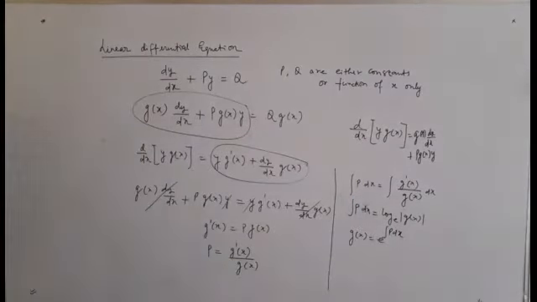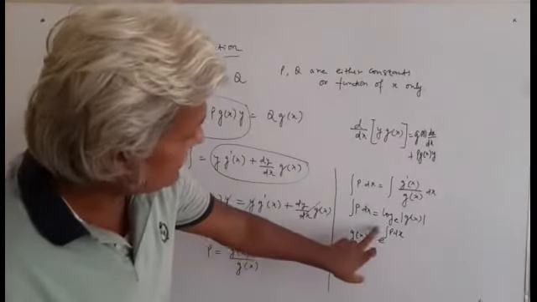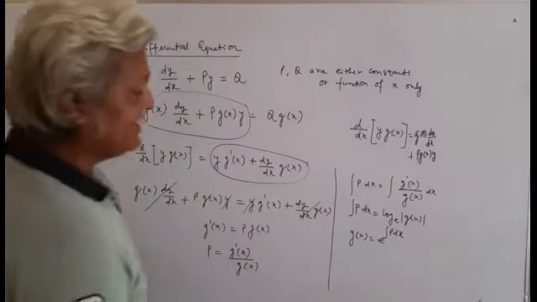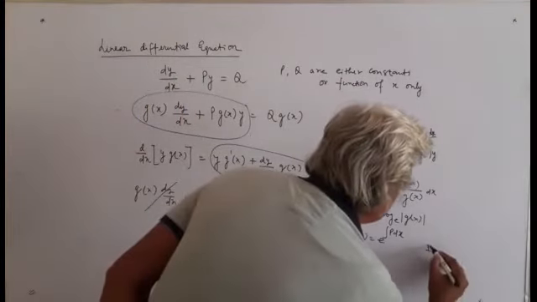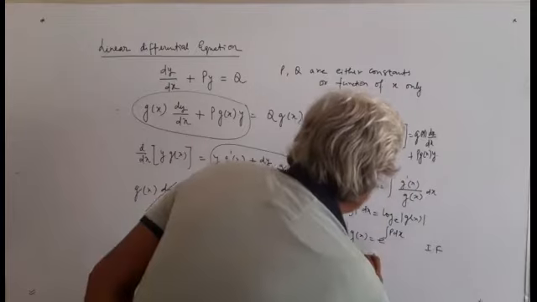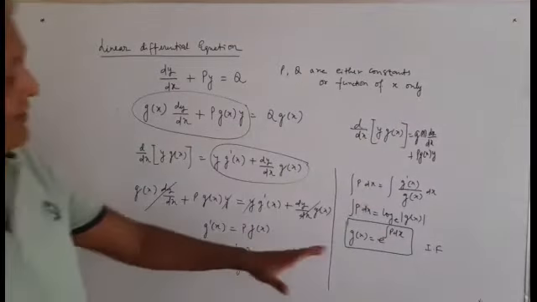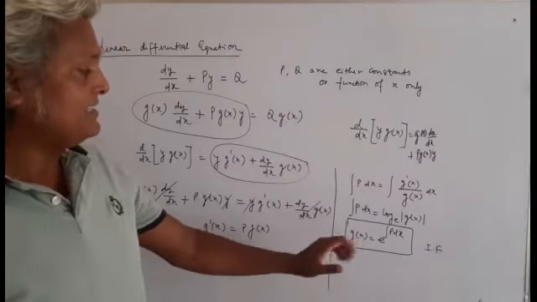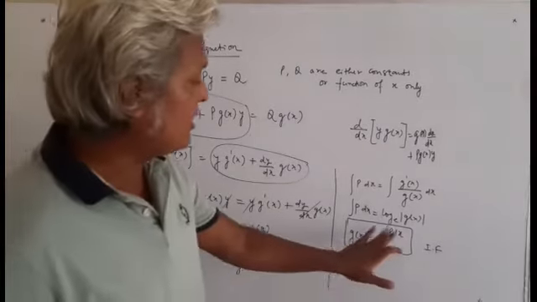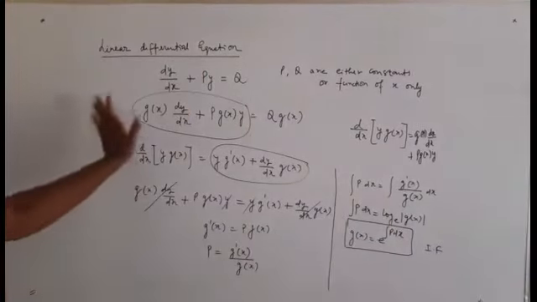So g(x) is e to the power integration of P dx, and this is called the integrating factor, or IF. Integrating factor means we have to multiply our given equation by g(x), and g(x) is e to the power integral of P dx.